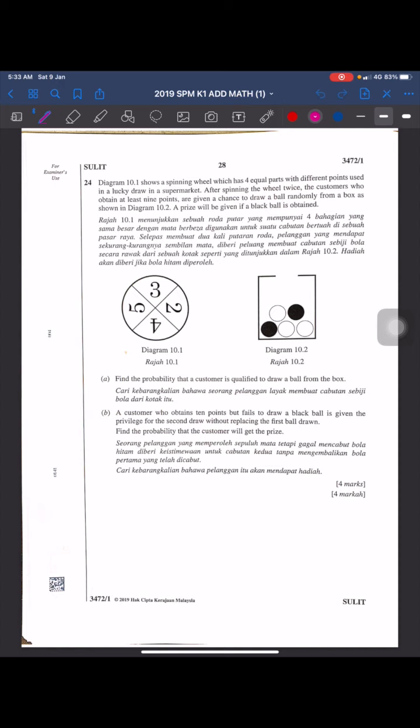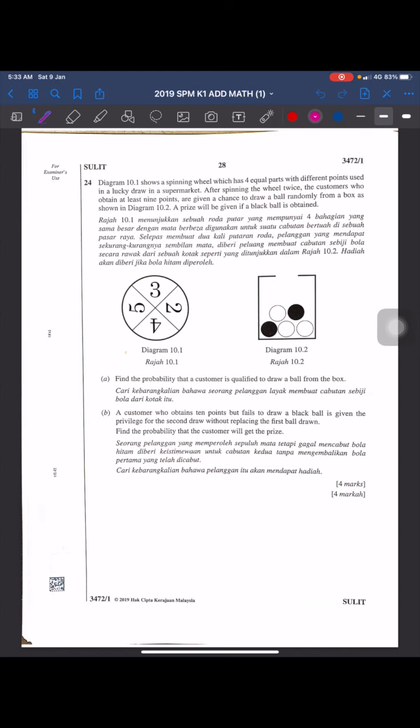Okay, second last question, number 24, probability. Diagram 10.1 shows a spinning wheel which has 4 equal parts with different points used in a lucky draw in a supermarket.